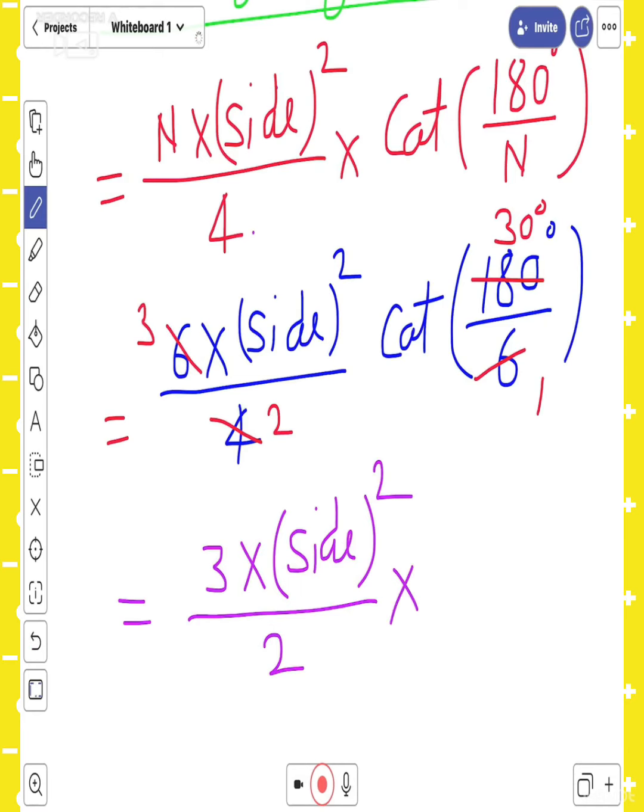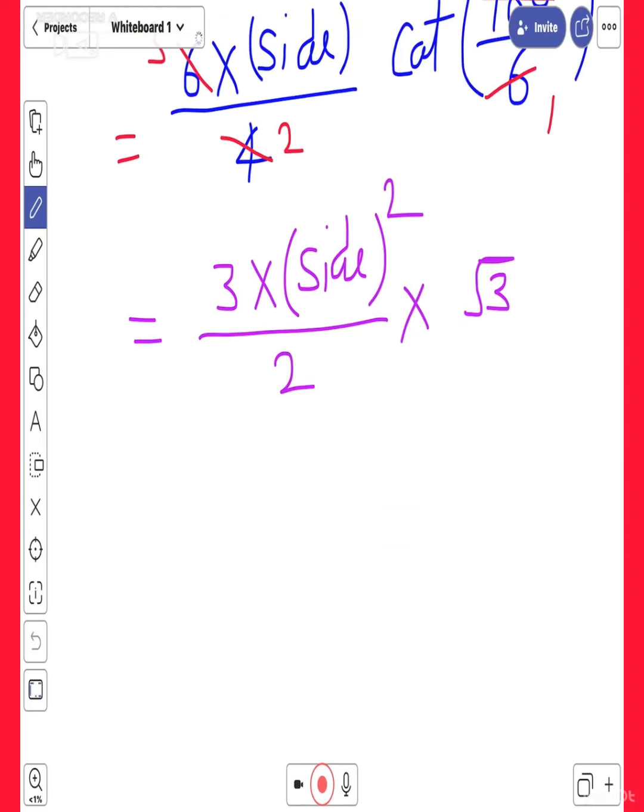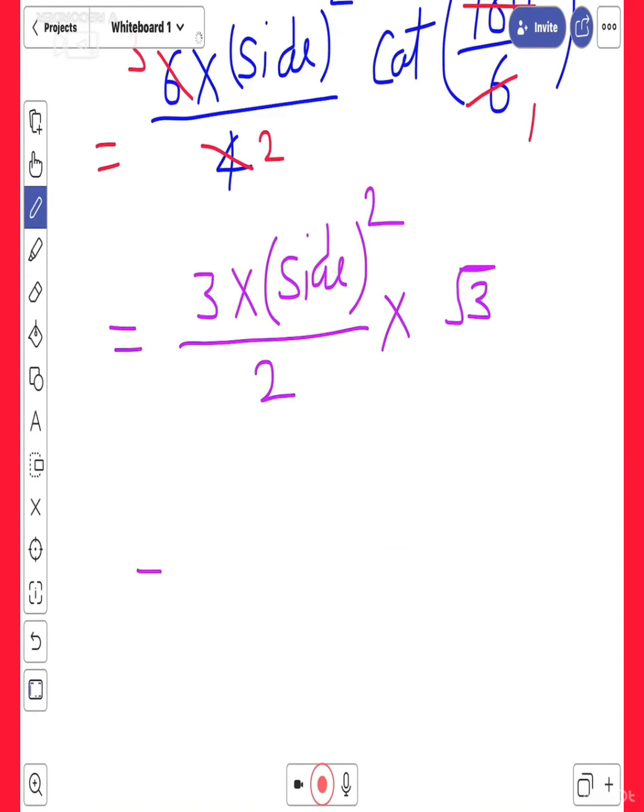How much is the value of cot 30 degree? This is under root 3. Can you simplify it again? So dear, this is the general formula to find the area of a regular hexagon, that is 3 under root 3 by 2 into side square.